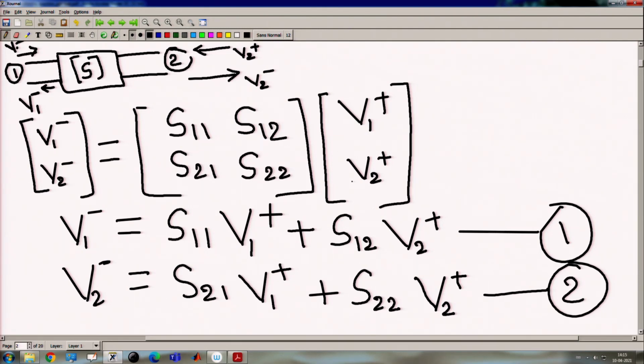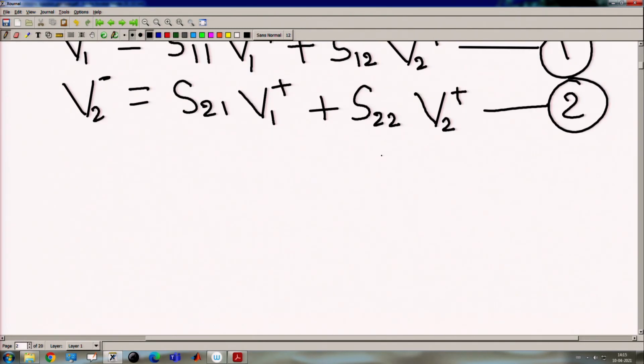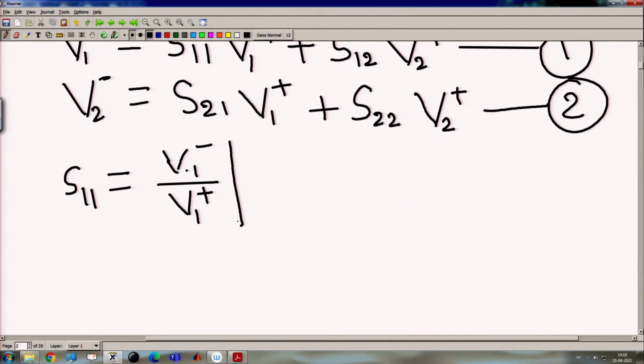So first, how can we define S11? From equation 1, S11 equal to V1 minus divided by V1 plus when V2 plus equal to 0.